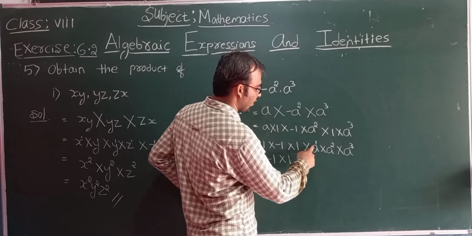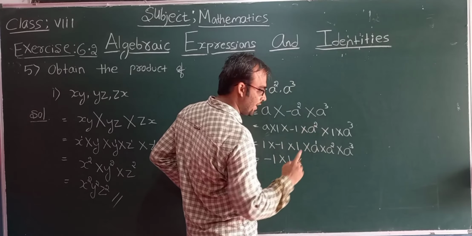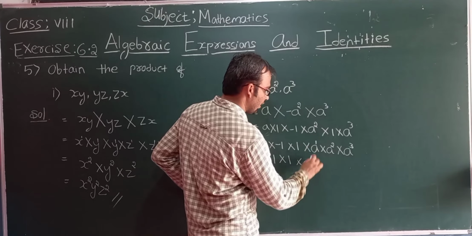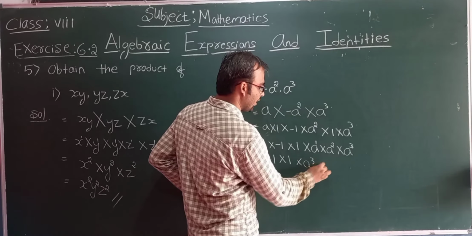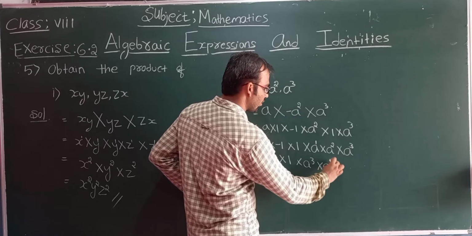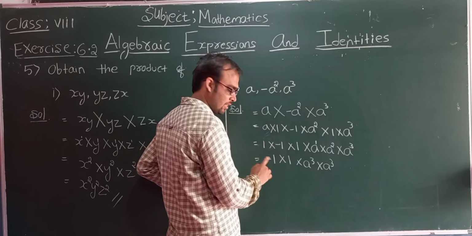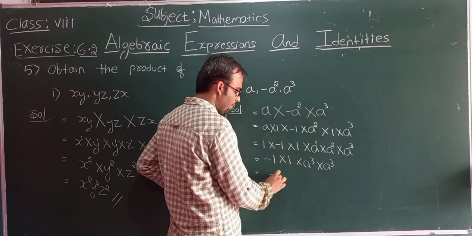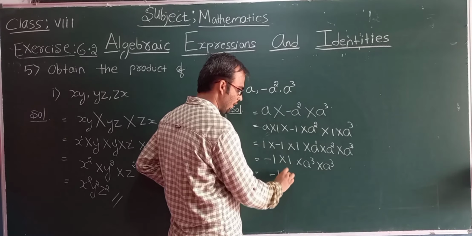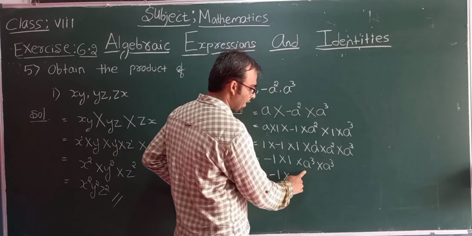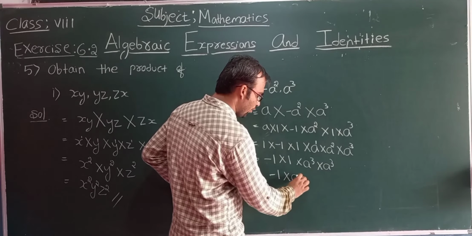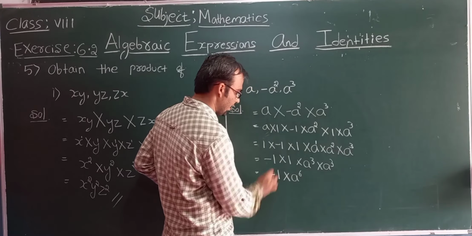So a into a square will be a cube, into, here also a cube is there. Now here minus is there, here plus is there, so minus into plus will be minus, 1 into 1 is 1 only. And now a cube into a cube is a to the power 6.